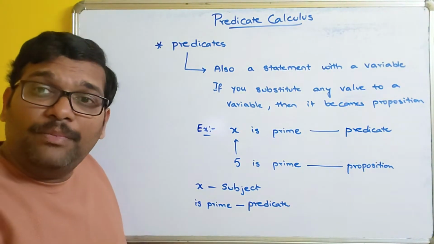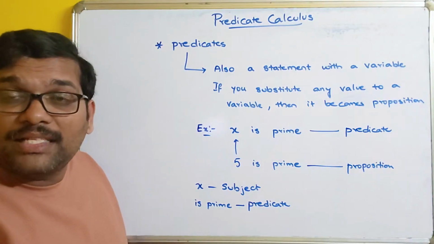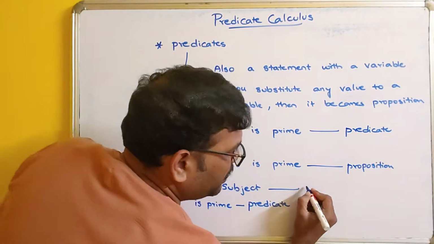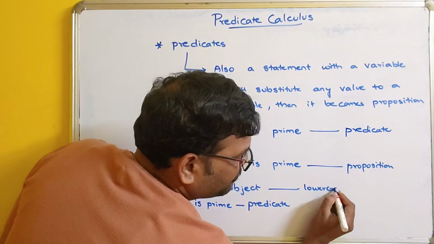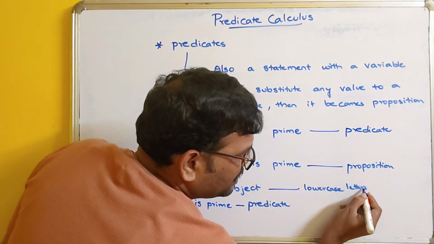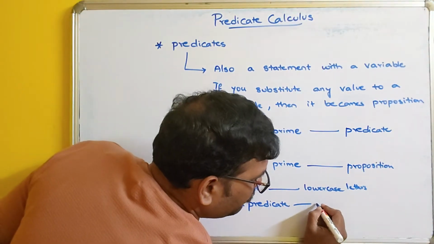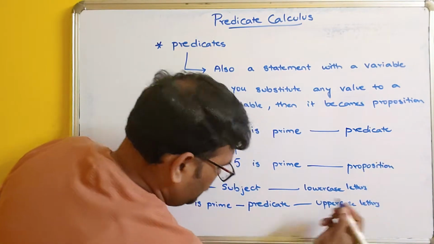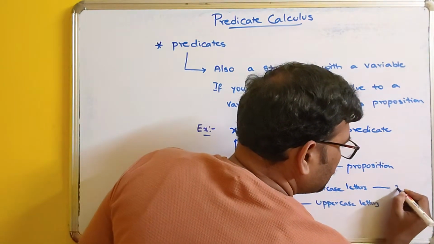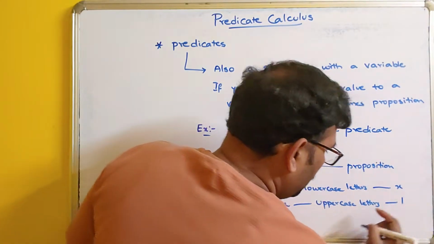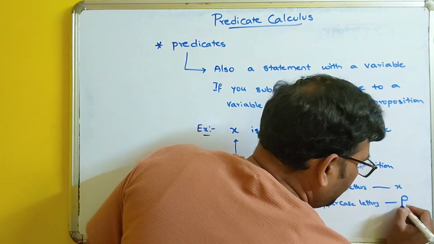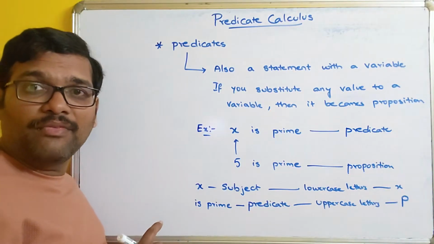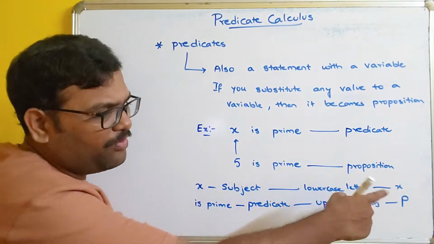Now the predicate statement has both the predicate as well as the subject, right? Usually the subject is represented with lowercase letters and the predicate with uppercase letters. I'll treat it as P because here it is prime. Based on the statement we can choose the letter. Here I am giving P for prime.